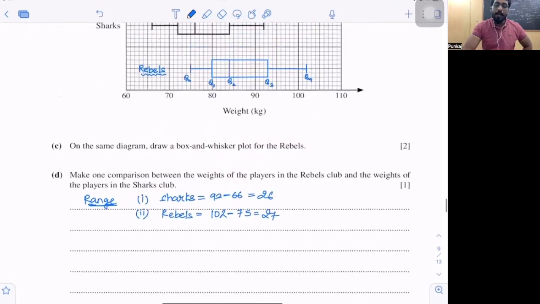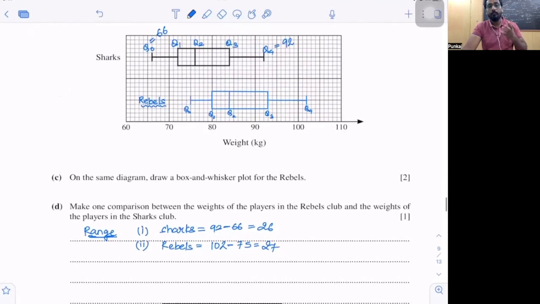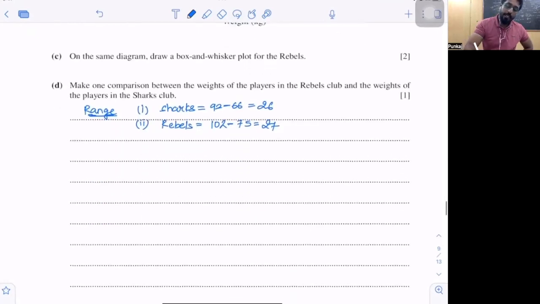The second comparison is about the median weight. Okay, so the median weight of Sharks is how much? It's 76, right? For the Sharks, it's 76. So I can write here median. So again, for the Sharks, it's 76.